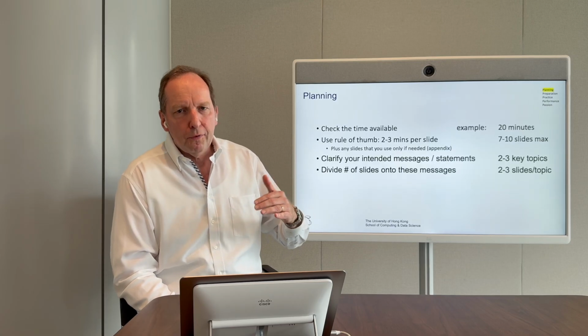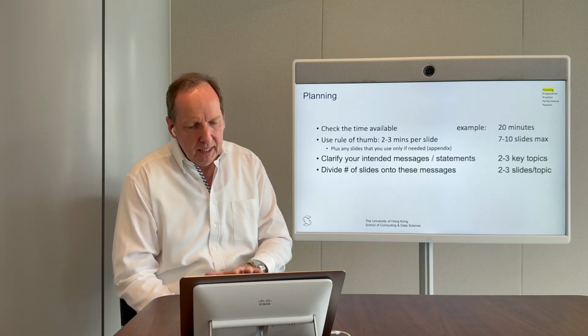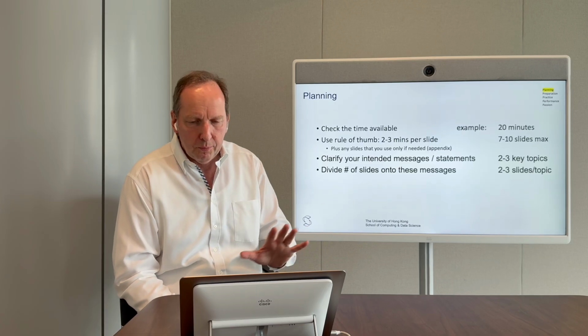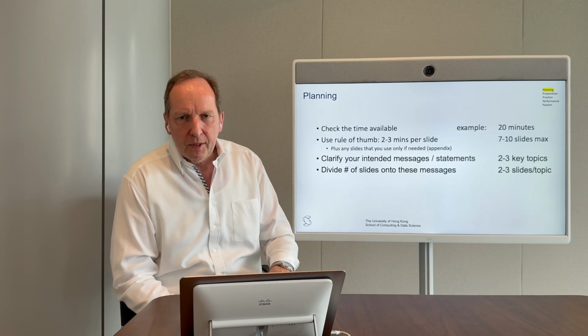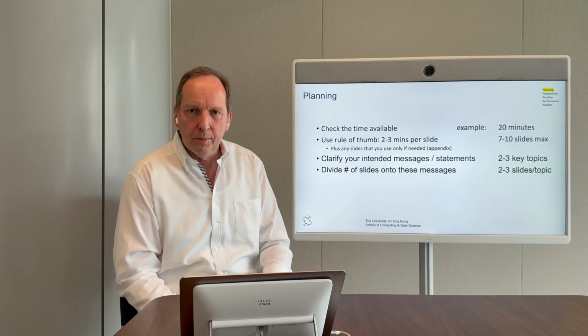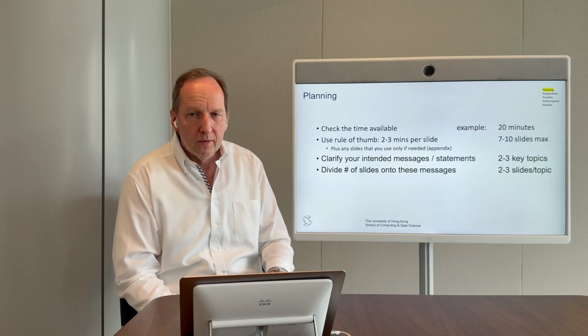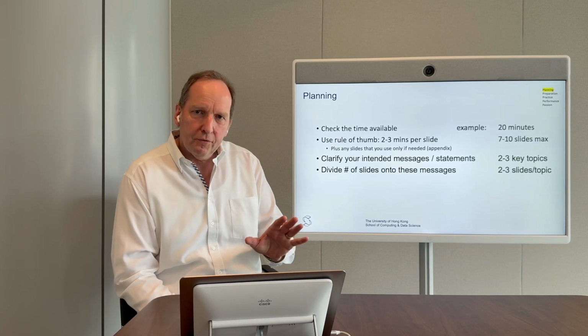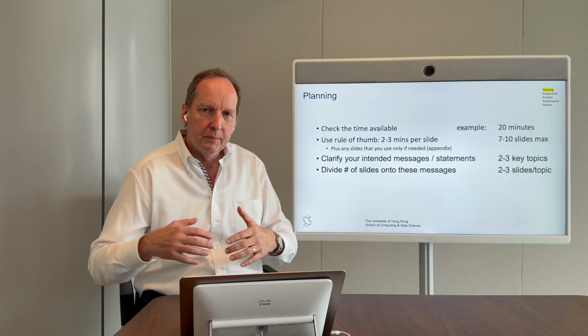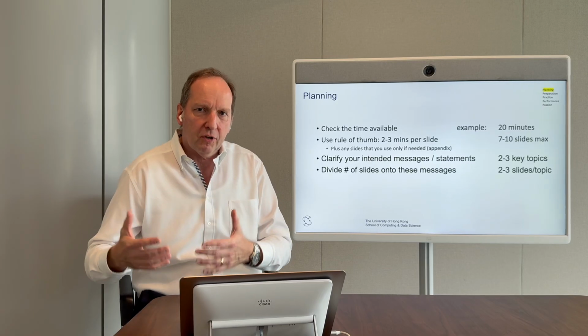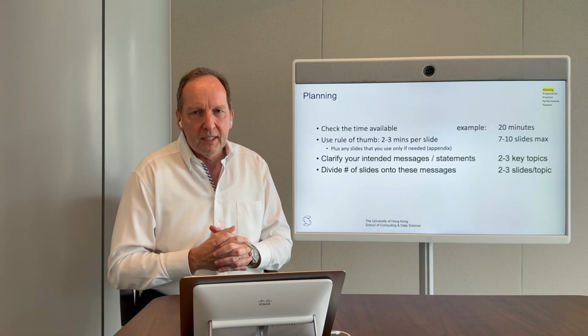Think it through from the beginning: if we have, say, 20 minutes for the purpose of this timeline, that's about 7 to 10 slides maximum, not more. You can prepare a few for the appendix so that you have a few details, maybe some tables, some extra graphs, if you need that later.